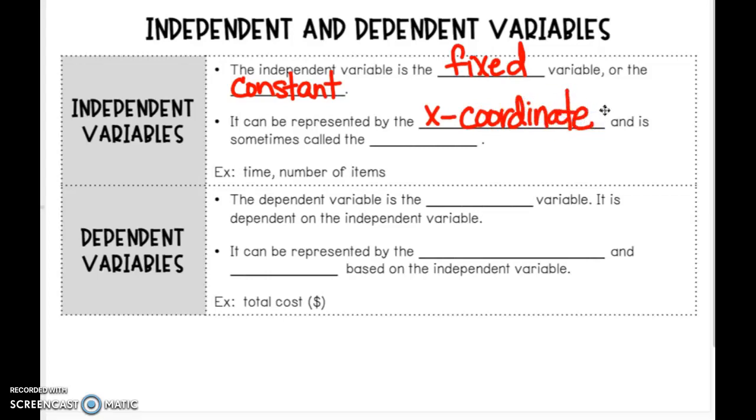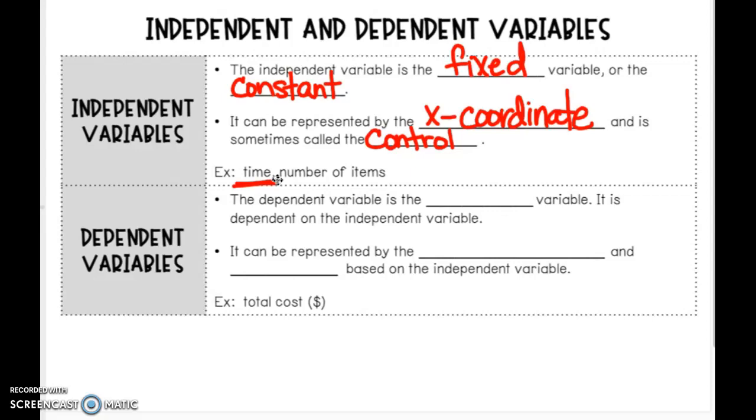So remember, the x is the horizontal axis, and sometimes is called the control. So time is always, if there's minutes, seconds, hours, millennia, years, time is always going to be the x coordinate.